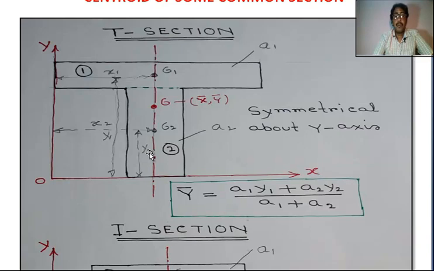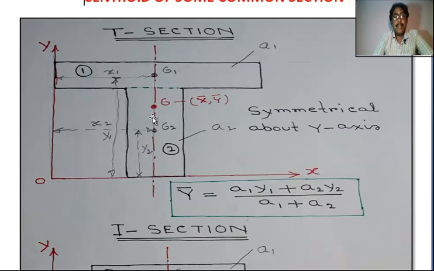Now y bar equals A1 y1 plus A2 y2 by A1 plus A2. X bar: G is the CG of the total T section. This is x bar, y bar.